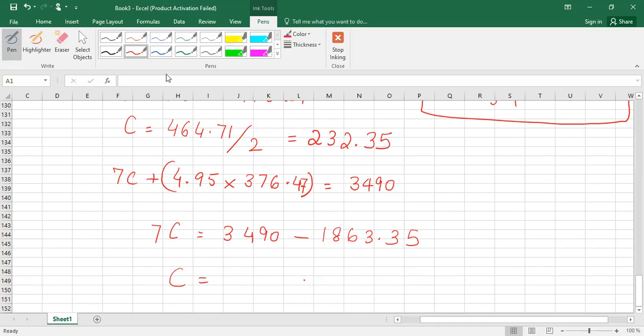It is 1863.52, almost 52. So deduct from 3490, you will get 1626.47, divided by 7, 232.35.